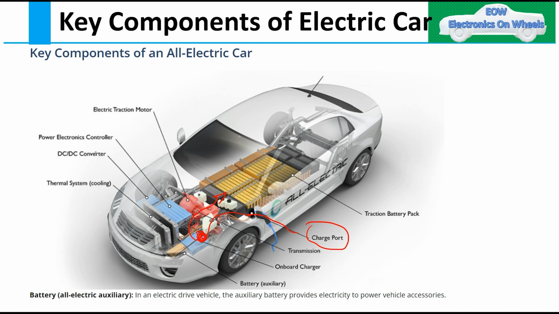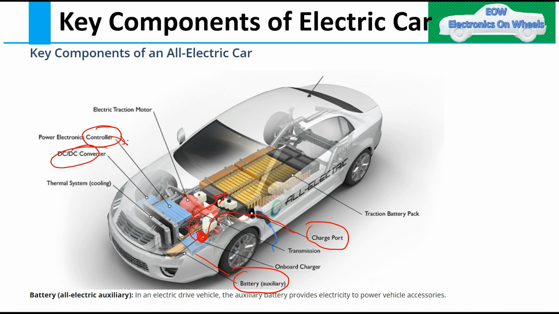After that, a DC DC converter would also be there, converting your energy to charge your auxiliary battery. This auxiliary battery gives power to vehicle accessories and many other functions which work on 12 volt. Then you have your electronic controller.